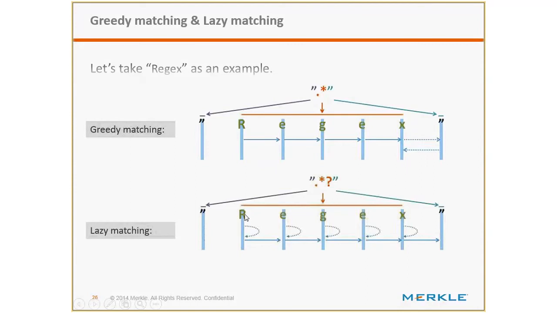Just doesn't want to match. Yeah, it doesn't match, and it gives the control to the quotation. The quotation matches this R. Oh, this does not match. So the control goes back to the dot. The dot is forced to match the R, and the next goes to E. The dot tries to match E, but this time it is 0 time. It does not match too, and the control goes to the quotation, and the process repeats until the last.